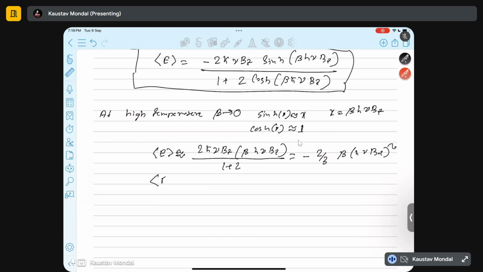So E is basically proportional to 1 by T, right?